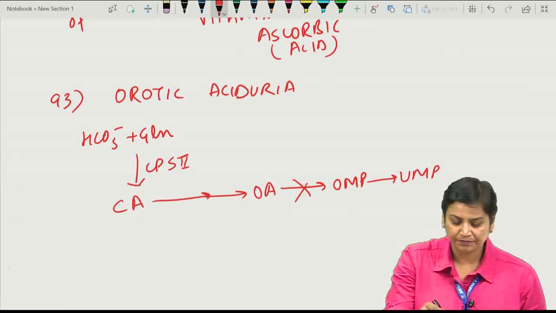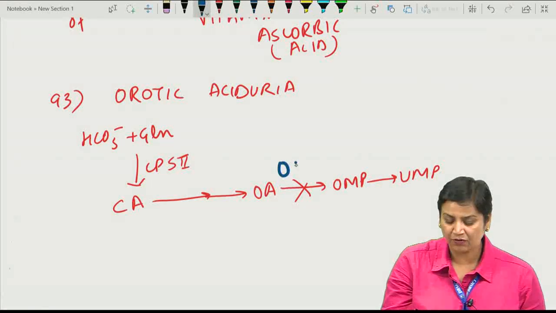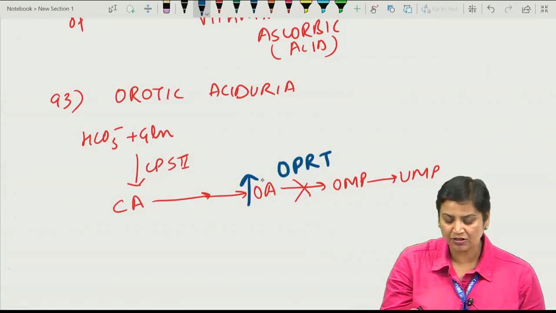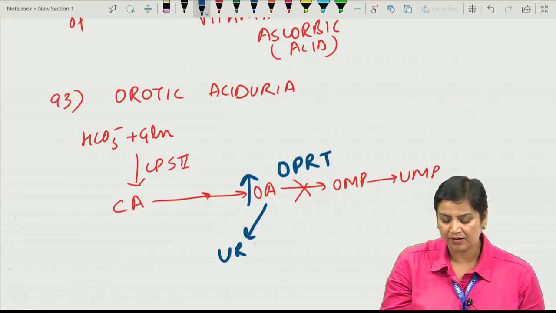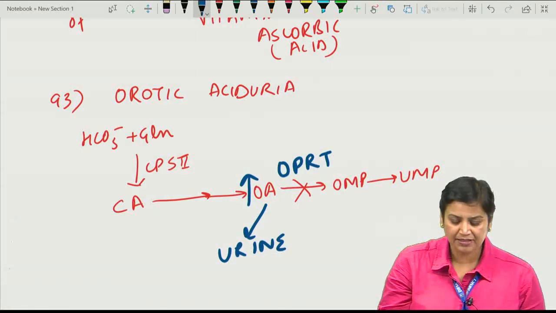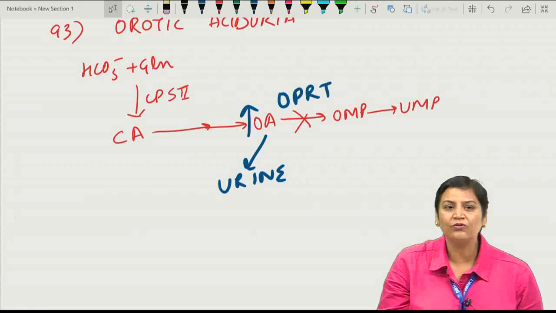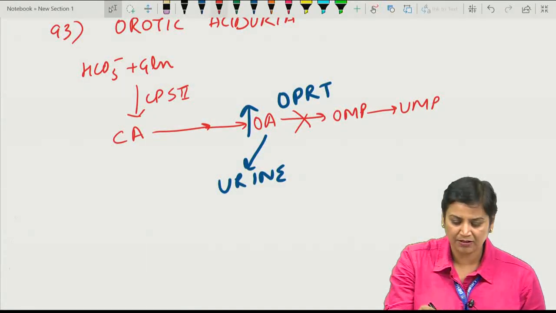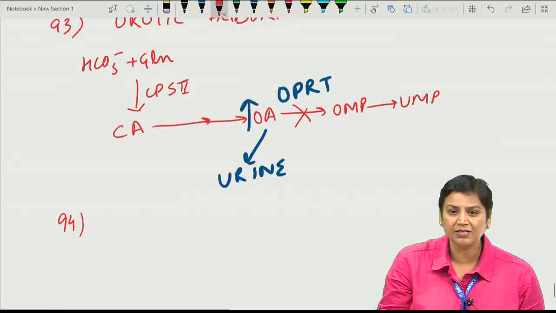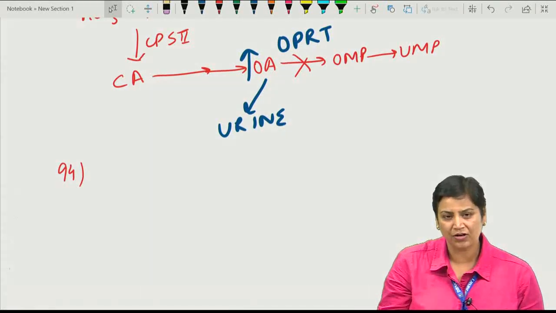Deficiency of orotate phosphoribosyl transferase will lead to excretion of this orotic acid in urine, leading to orotic aciduria. And this is an enzyme of what? Disorder of pyrimidine metabolism. So the answer here is orotic aciduria. And the enzyme is orotate phosphoribosyl transferase.